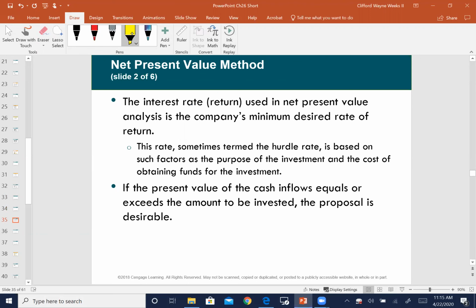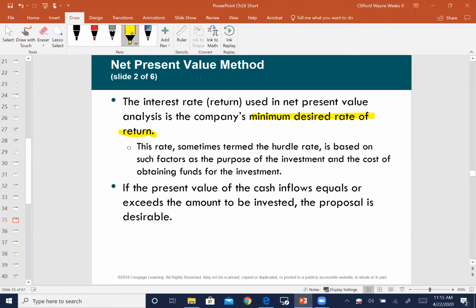The interest rate used in the net present value is the minimum desired rate of return. Now, if you do the Ferris program, you are going to take Finance 322, and basically the bulk of that semester, we are going to learn how to calculate the minimum desired rate of return.